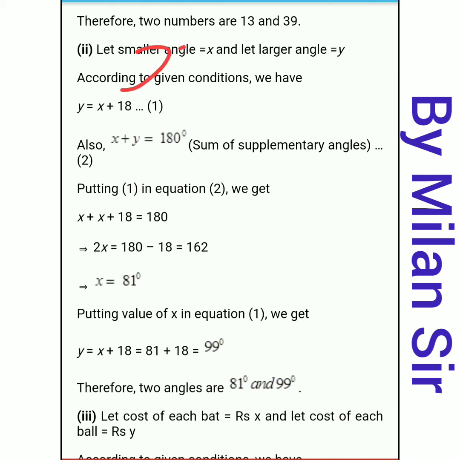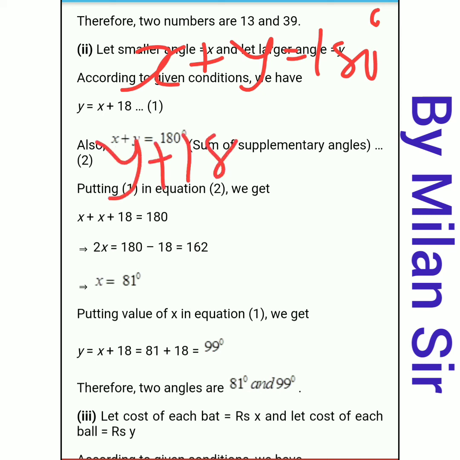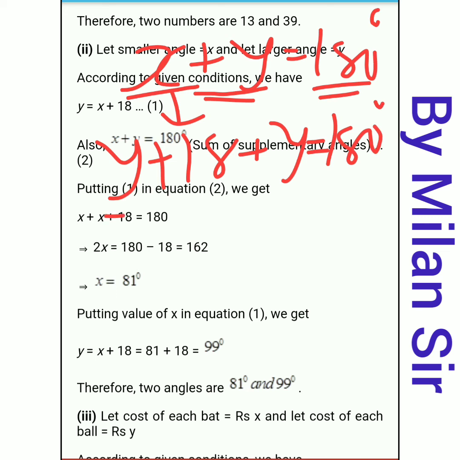Our equation number 1 is x plus y is equal to 180 degrees. The value of x in equation number 2 is y plus 18. So put the value of x, y plus 18, then plus y as it is, equals 180 degrees.